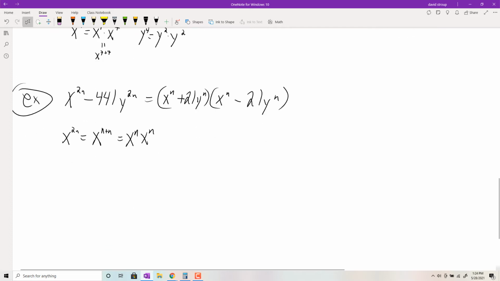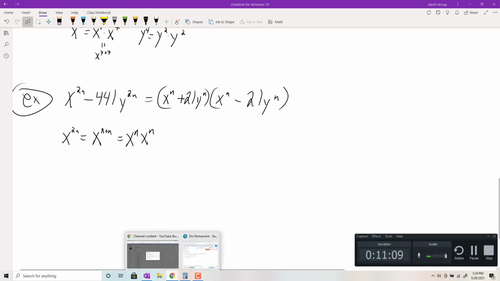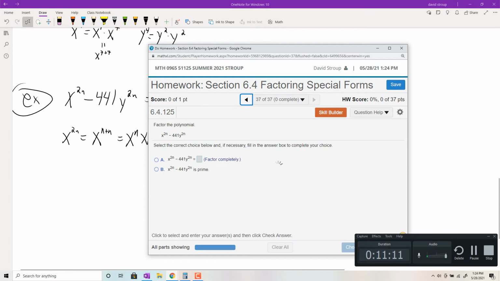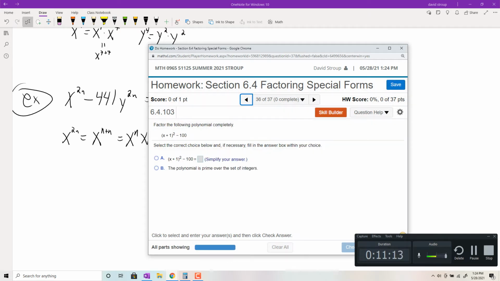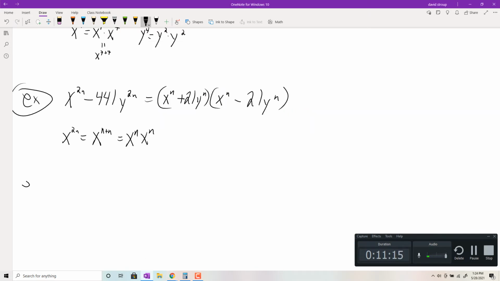Okay. There's another funny one in there. Let's look at that other funny guy. x plus 1 squared minus 100. How the heck am I going to do this, right? Well, what times what is x plus 1 squared?